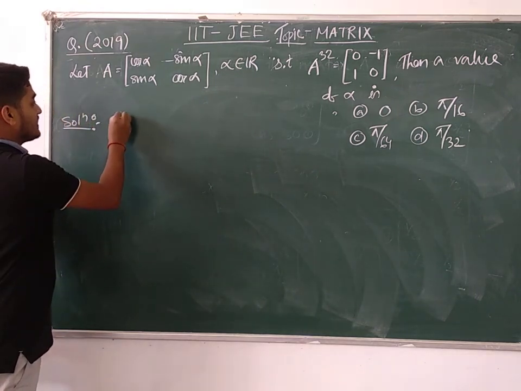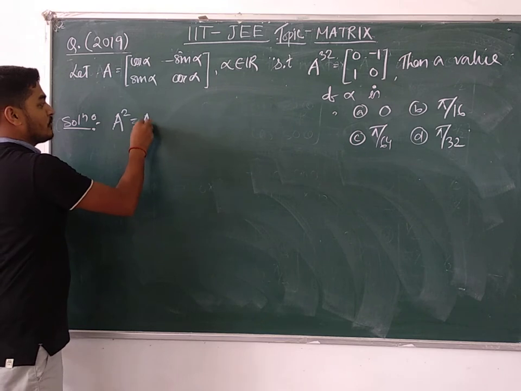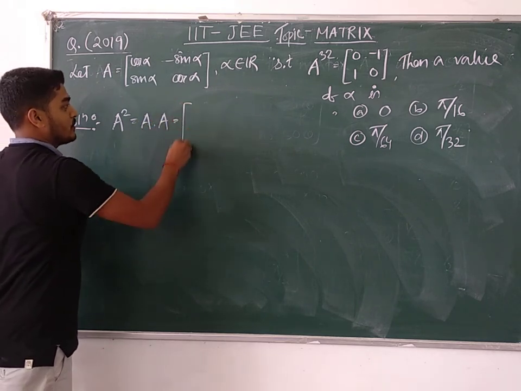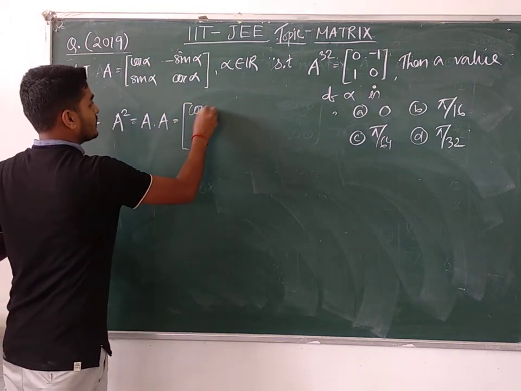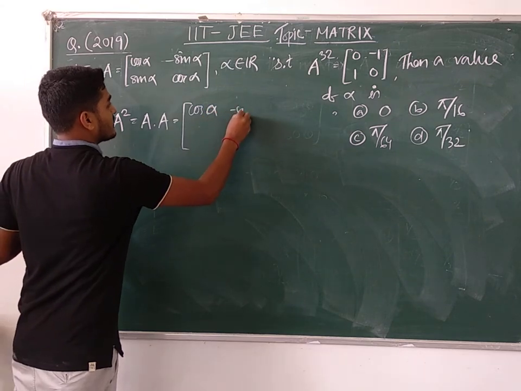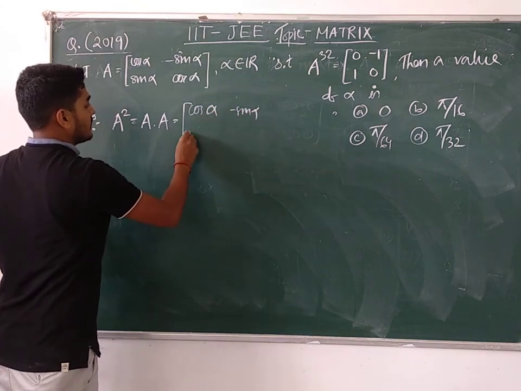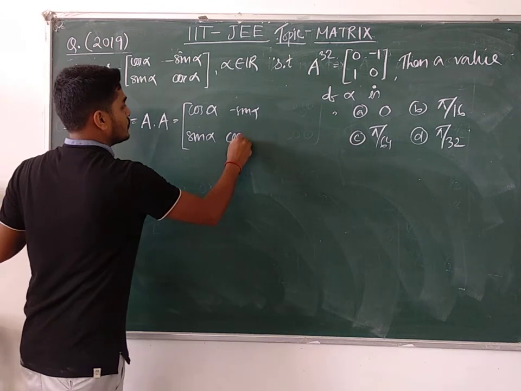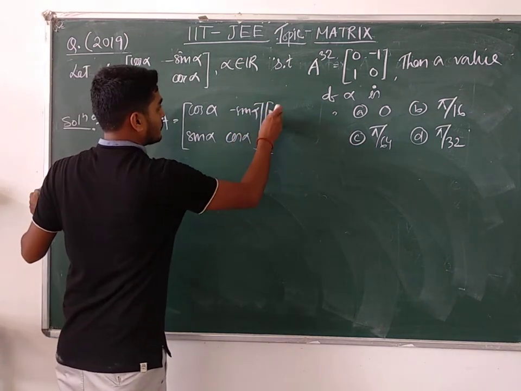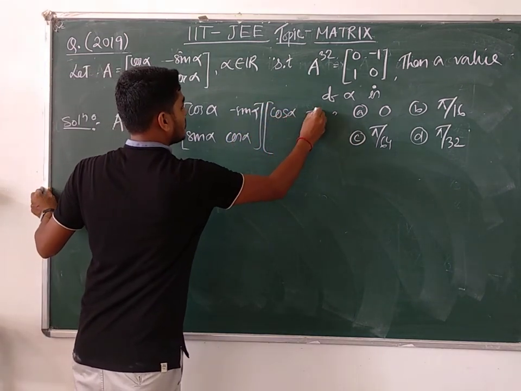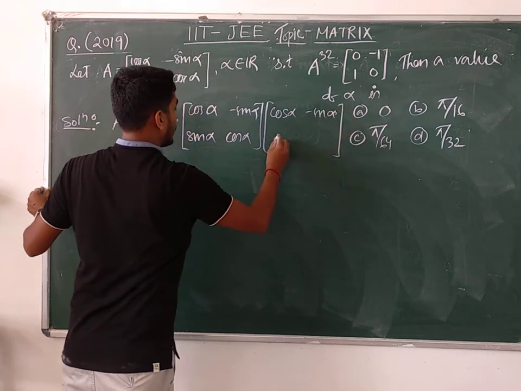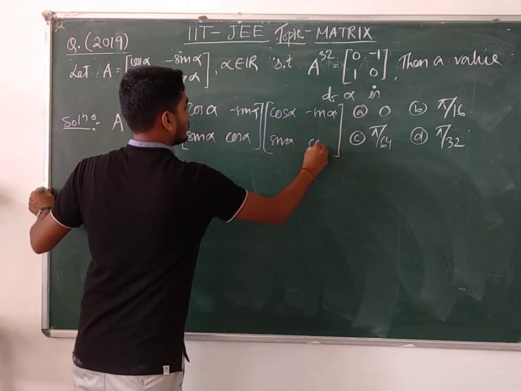So A is already given, so we will try to find the value of A square. That means A into A, where it will be: cos alpha, minus sin alpha, sin alpha, cos alpha, multiplied again by cos alpha, minus sin alpha, sin alpha, cos alpha.